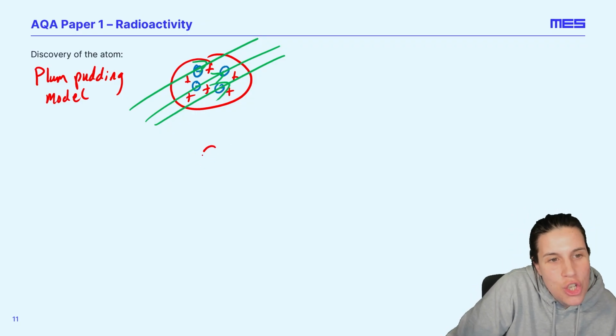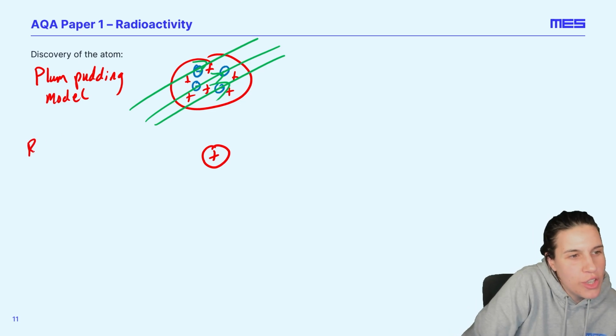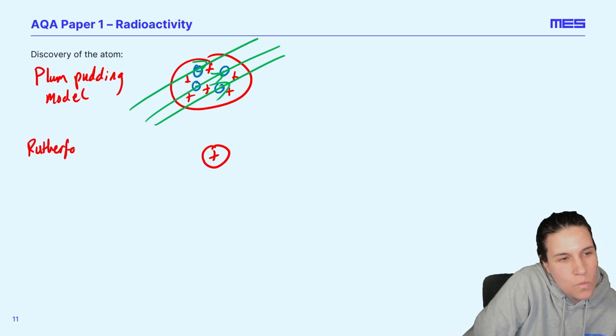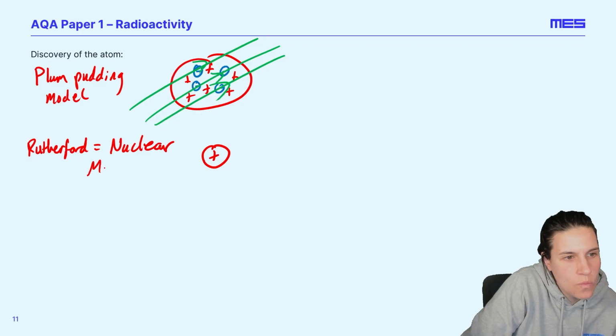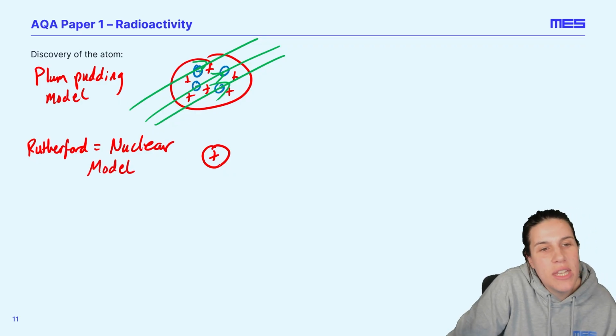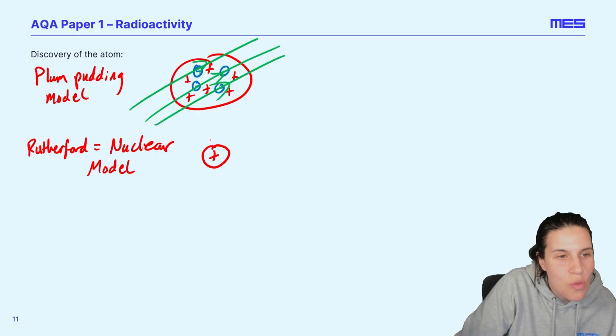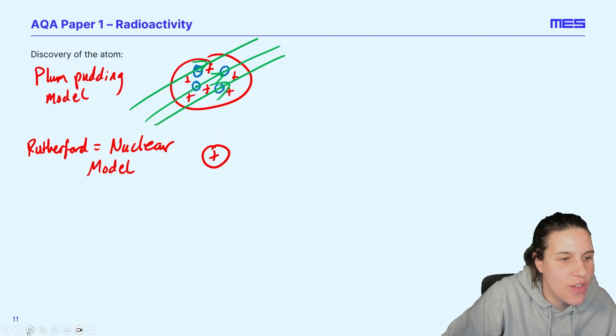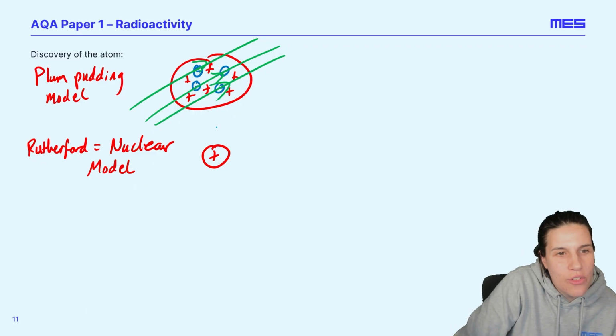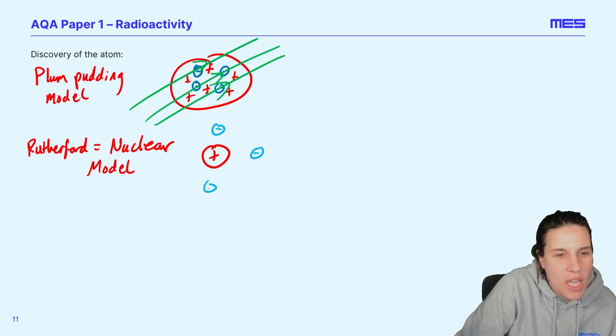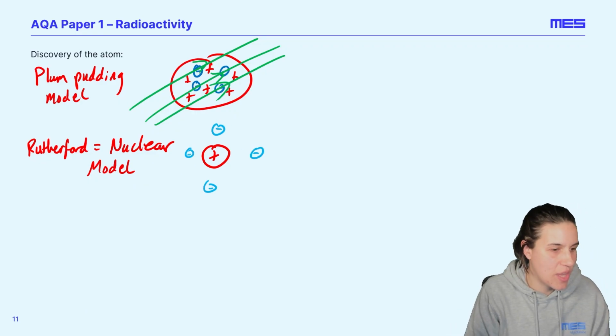So this gave rise to the nuclear model, which was Rutherford. He came up with this idea of the positive nucleus, with electrons around the outside. So we just have our negative electrons kind of around the outside, something like this, okay?